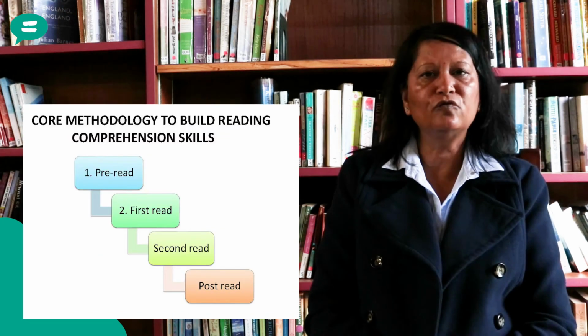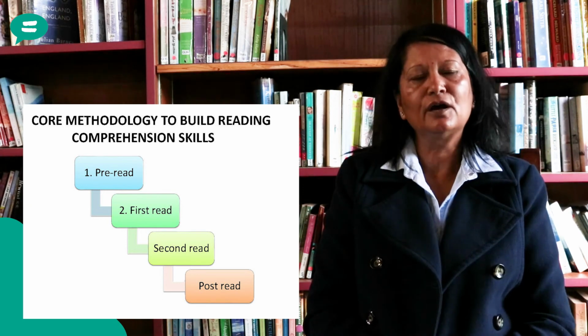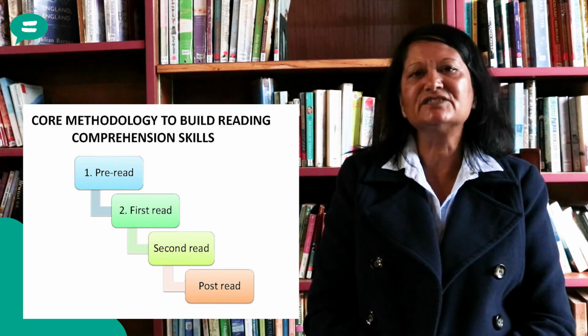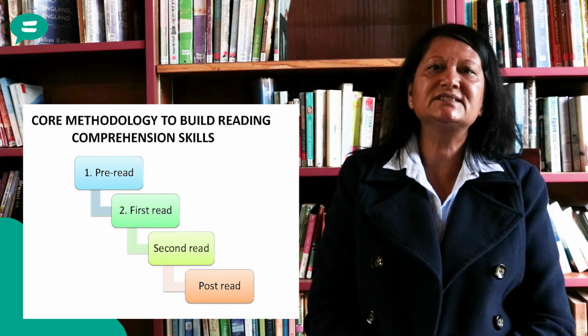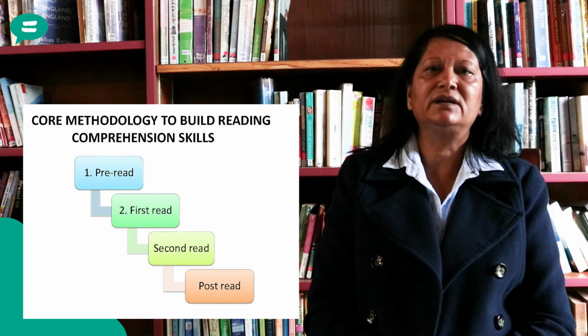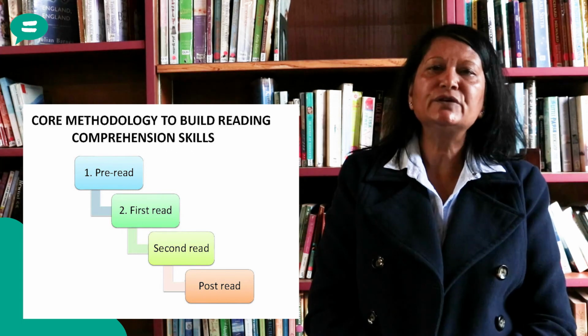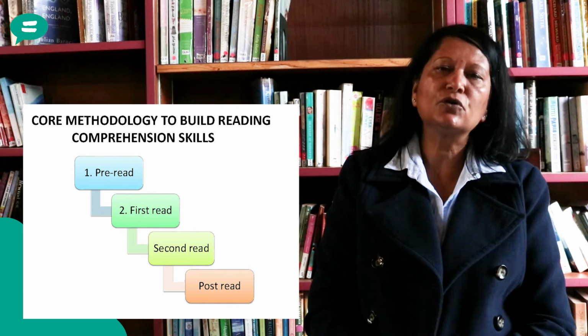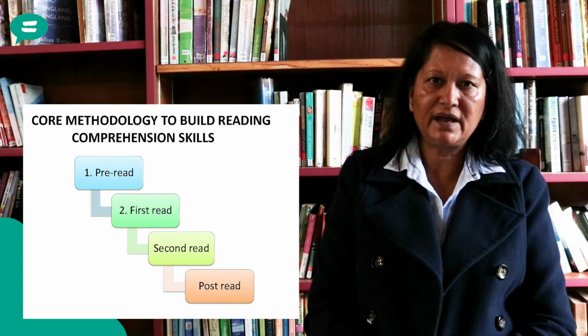I will now move on with the core methodology to teach reading with comprehension. As you can see, there are 4 phases. Firstly, the pre-read, where mostly prediction skills are taught to assist the children with storytelling and reading with comprehension.